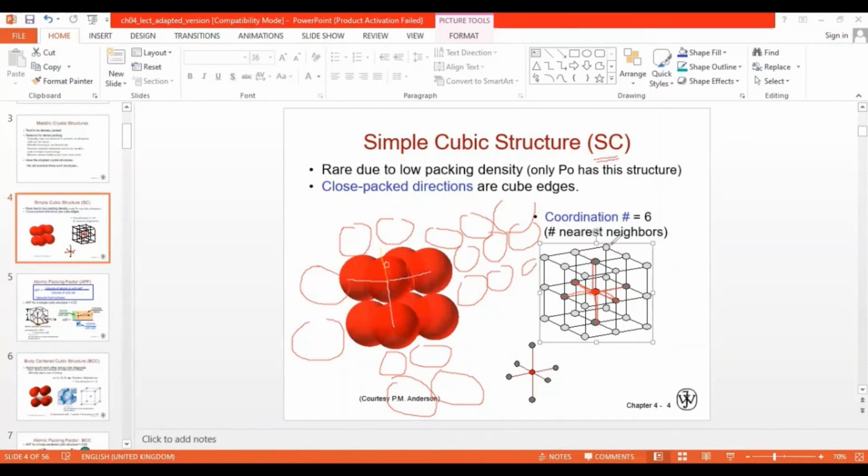Usually these distances will be equal for all 6. If I consider this as distance a, all distances will be a. So for simple cubic structure, the coordination number is 6.